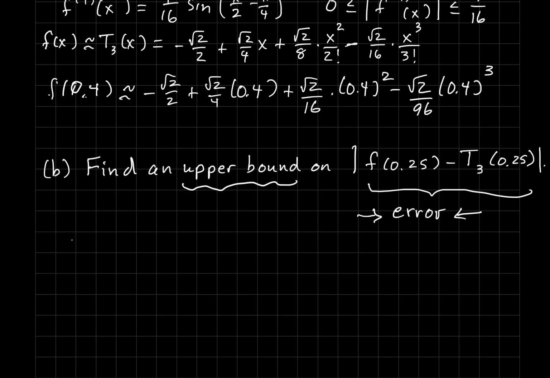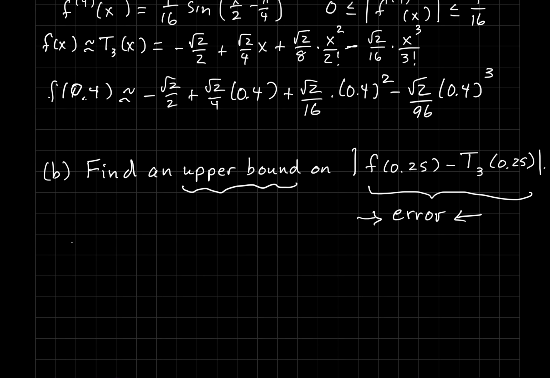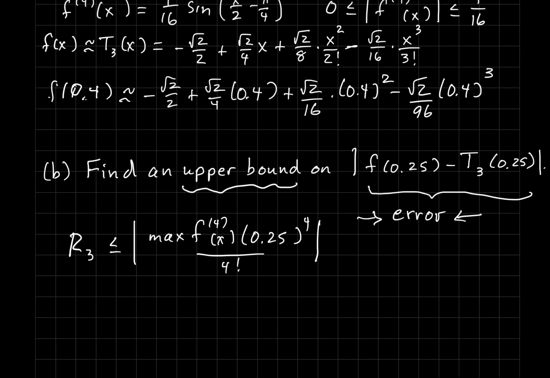So the upper bound, using my third degree polynomial, is no more than the maximum of my fourth derivative times x minus 0 to the next power 4 over 4 factorial.